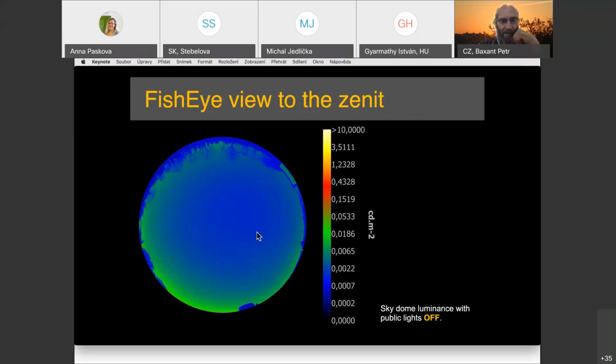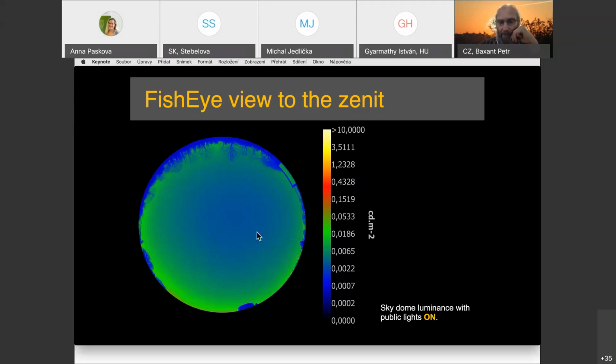The similar situation is if we look at the zenith, if we look directly above our head to the sky, and in this luminance map is shown how the sky looks during the public lights off and when we switch them on.